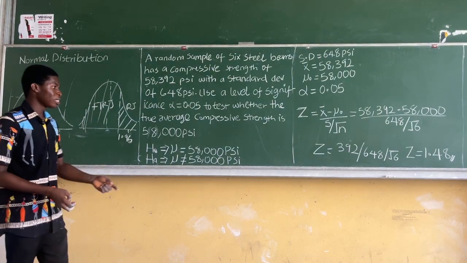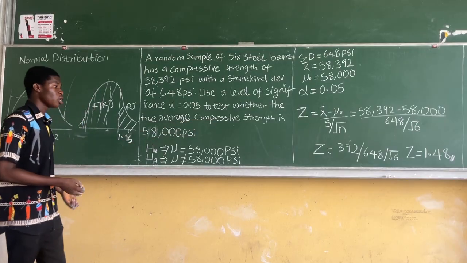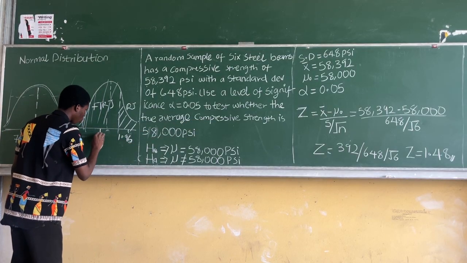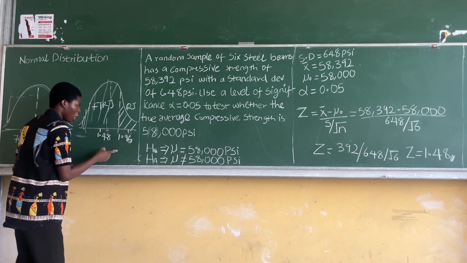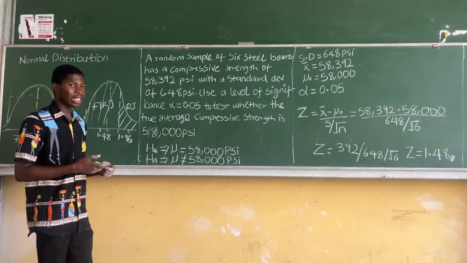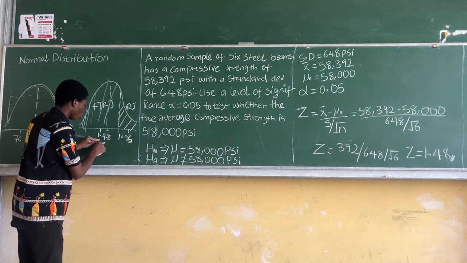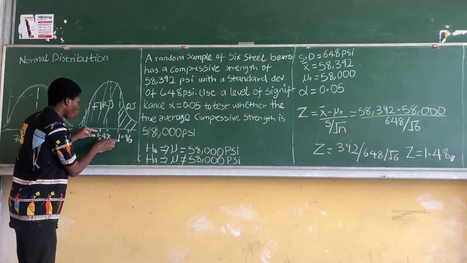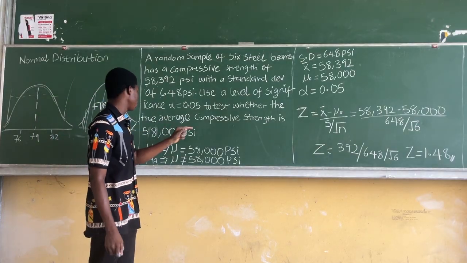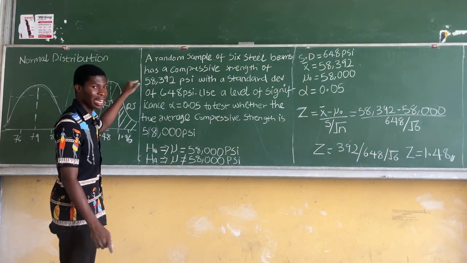So now we can see that 1.48, using a number line system, falls in this region. It's not greater than 1.96. So we'll be able to state our conclusion that we fail to reject the assumption that the average compressive strength is greater than this or either less than this.